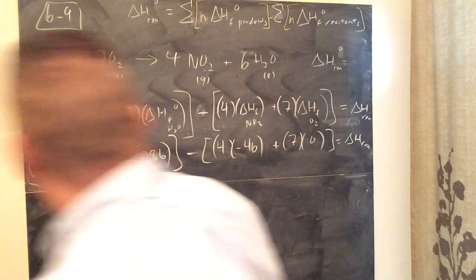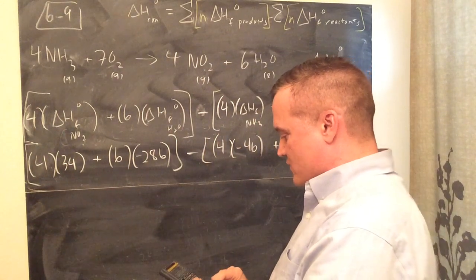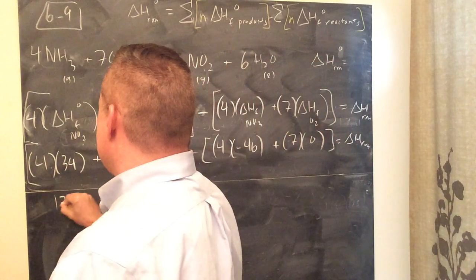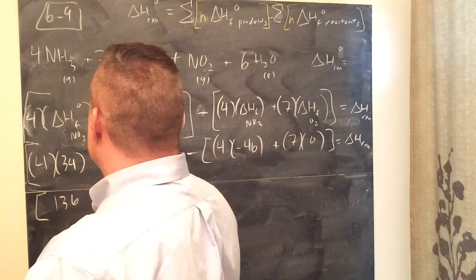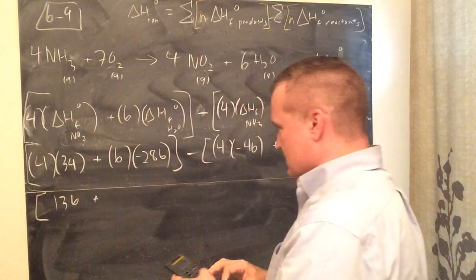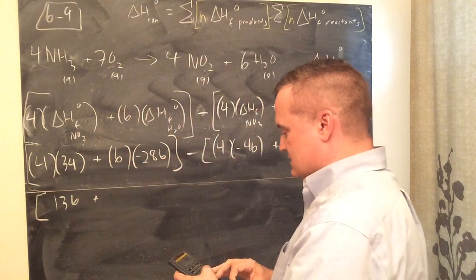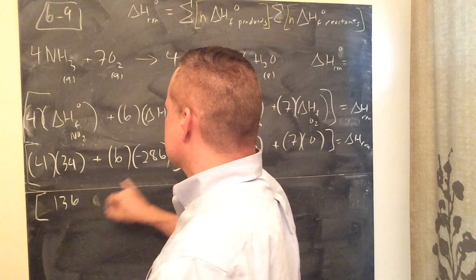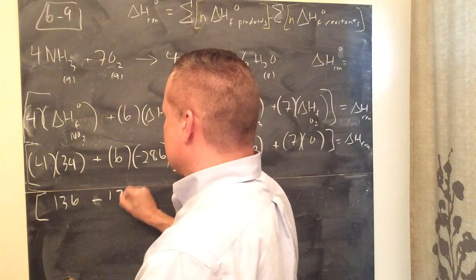And what you do is, let's say 4 times 34, 136. Now watch how I'm careful. I try to be so careful with this. 6 times negative 286 is negative 1716.